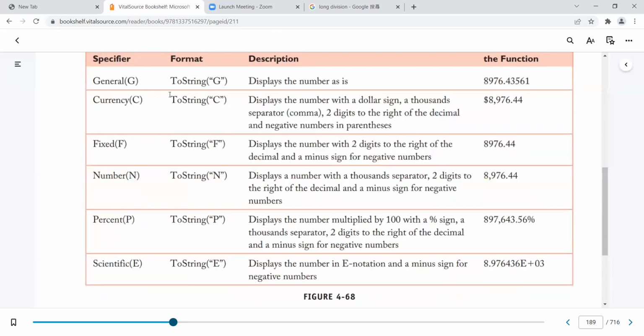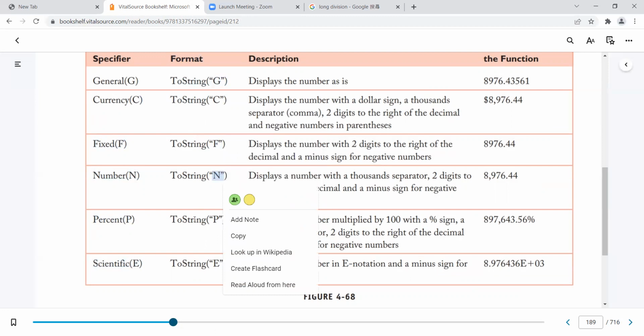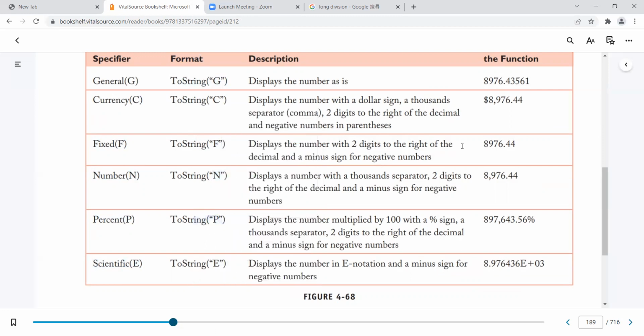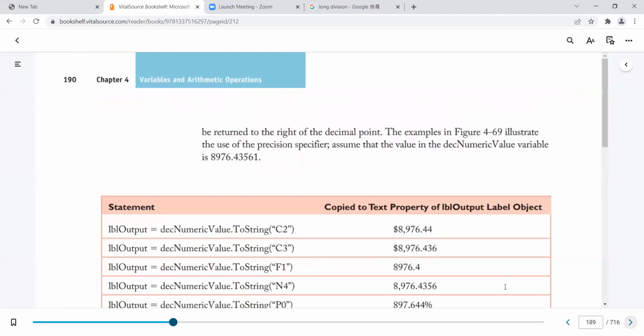Okay, so you can see here in general, you can have general toString, the parentheses, and you can have currency, fixed numbers, percent, and size E. In the future, you're going to see this all the time. For this one, we don't have to use this format, but there is this format here, and we can even set the accuracy in the precisions right here.